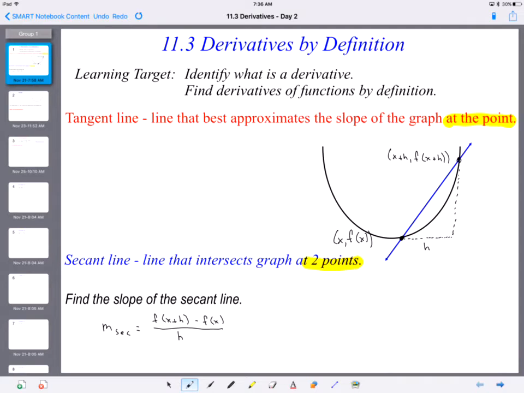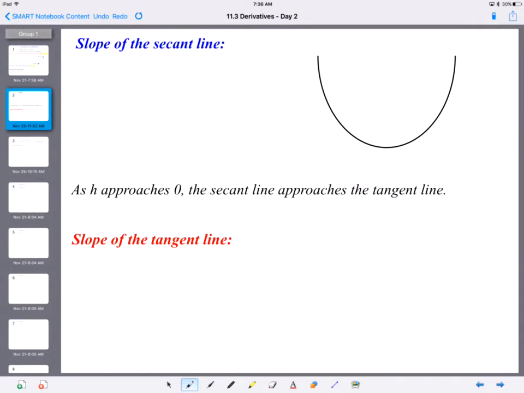So how does this get back to the tangent line? Well, once again, the slope of the secant line between 2 points we just found as, once again, f of x plus h minus f of x divided by that change in x, which was h. So what happens here?